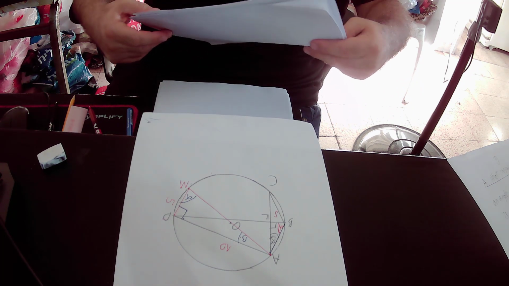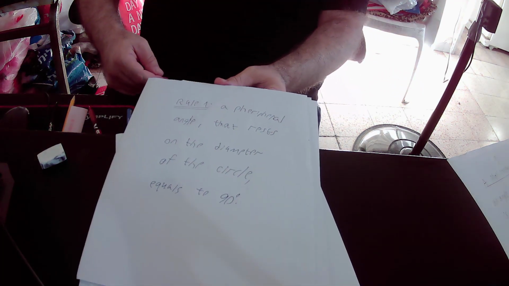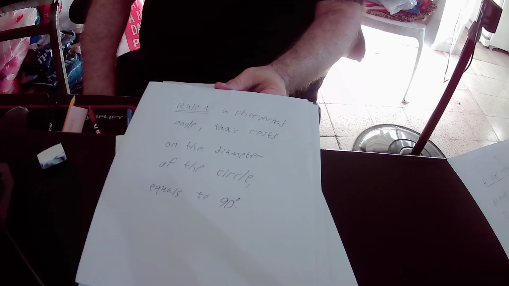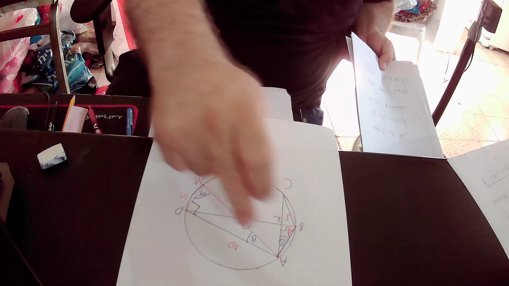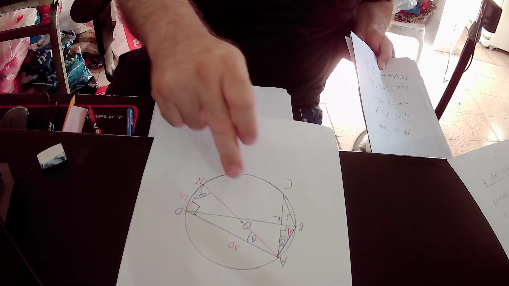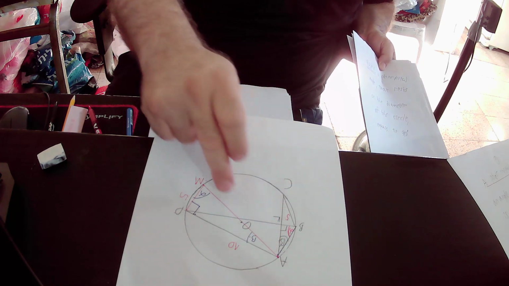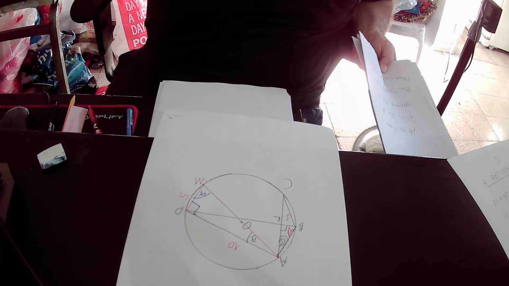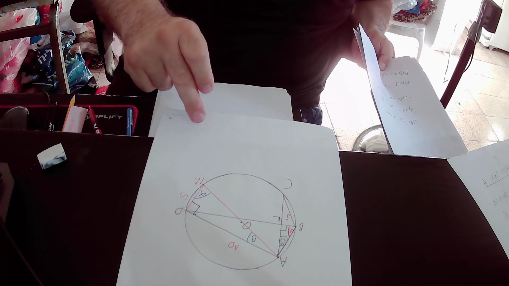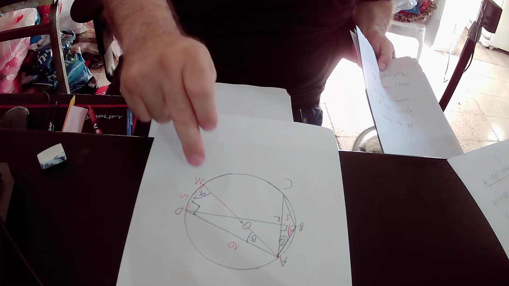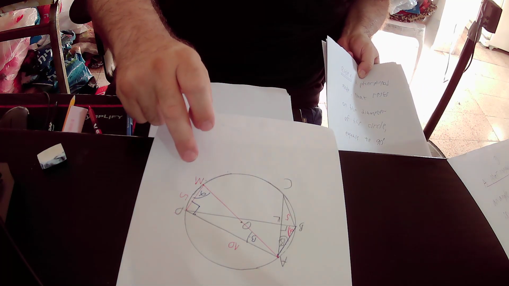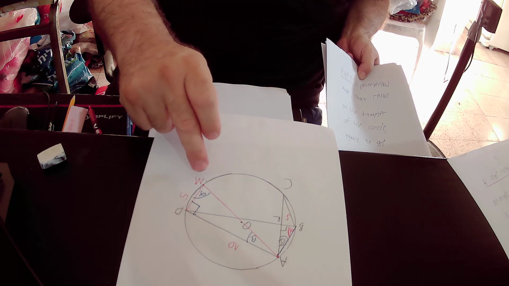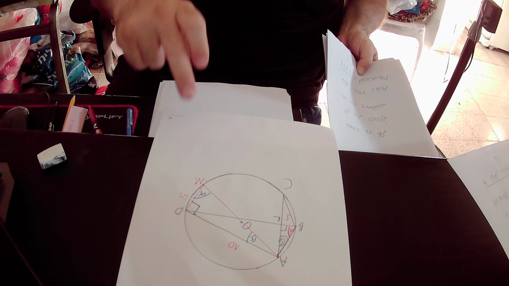And according to rule number 1, a peripheral angle that rests on the diameter of the circle equals 90 degrees. So because angle ADM rests on chord AM, the diameter of this circle, it equals 90 degrees.